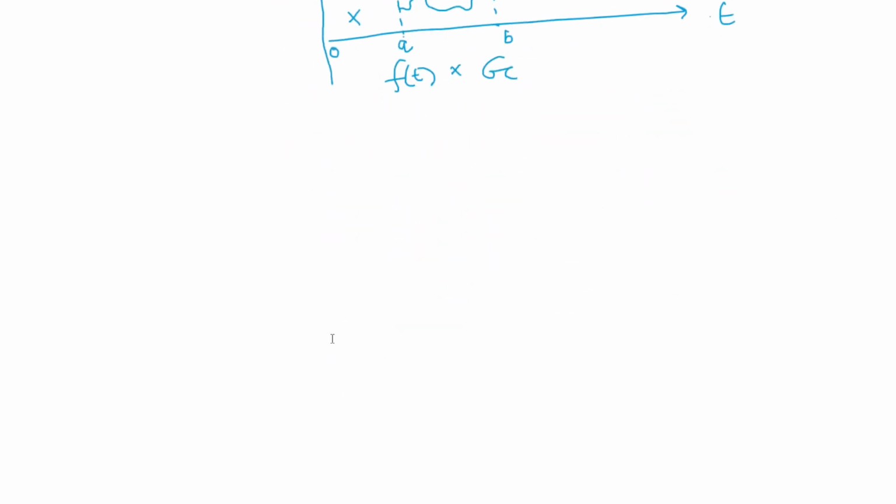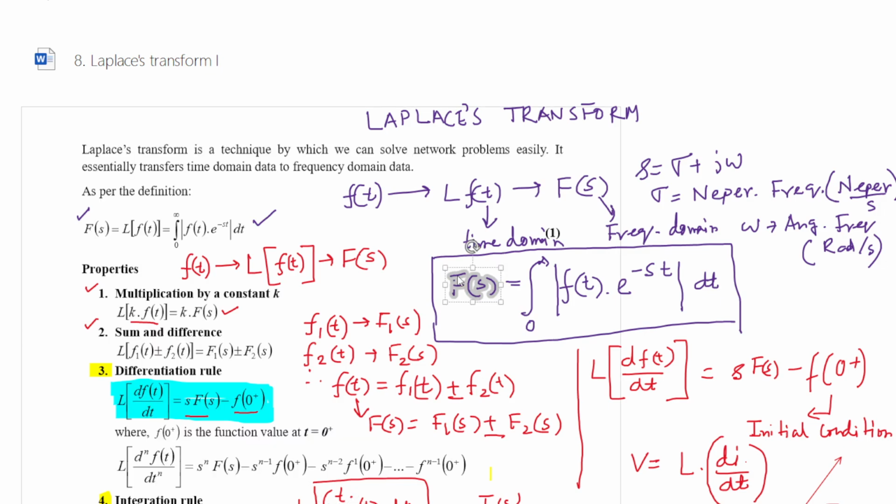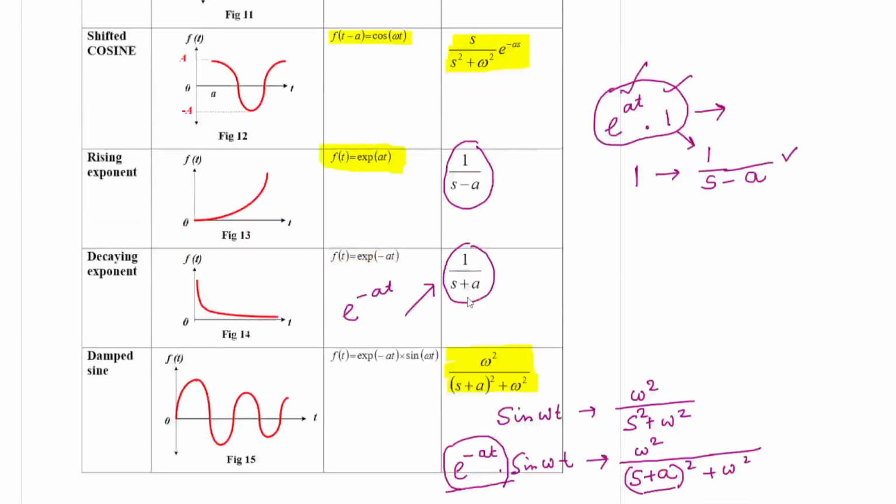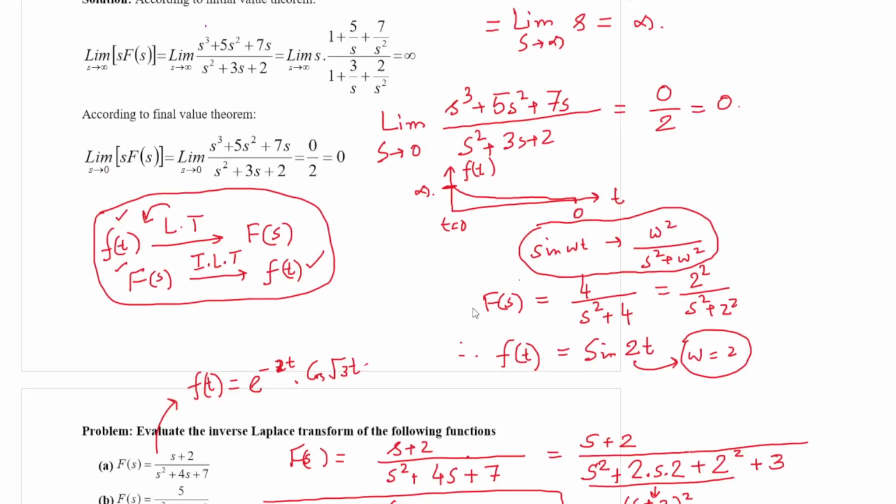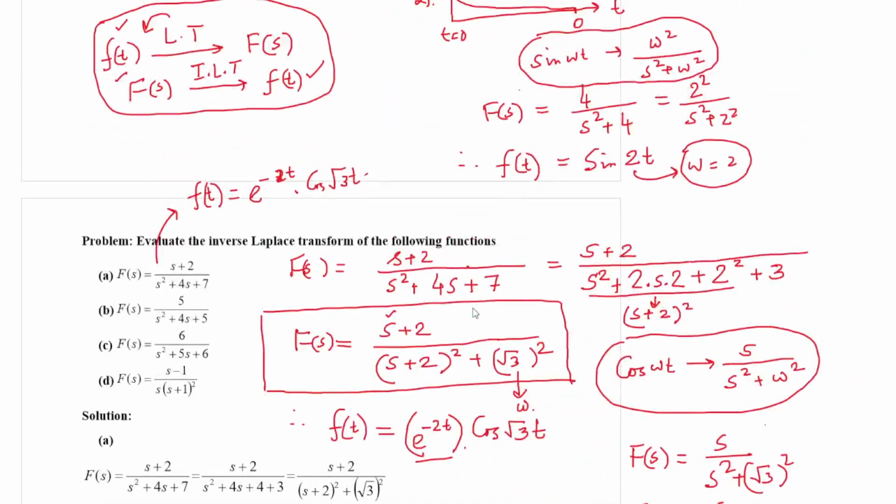We have F(s), in the denominator we have s square plus 5s plus 6, and in the numerator we have, let me check, it will be 6.